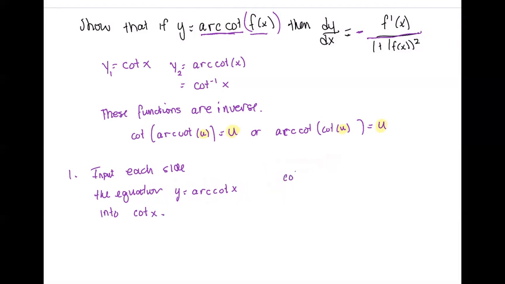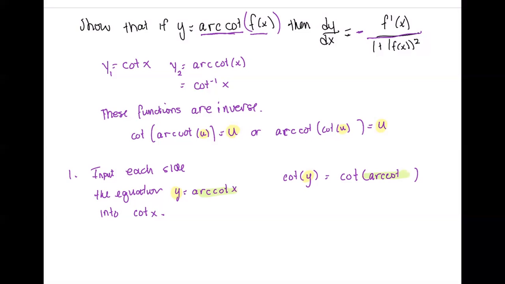I'm going to have a cotangent that needs an input on the left, and a cotangent that needs an input on the right. On the left-hand side, I'm going to put y, and on the right-hand side, I'm going to put this in here. So I end up with cotangent of y is equal to cotangent of arccotangent of x.